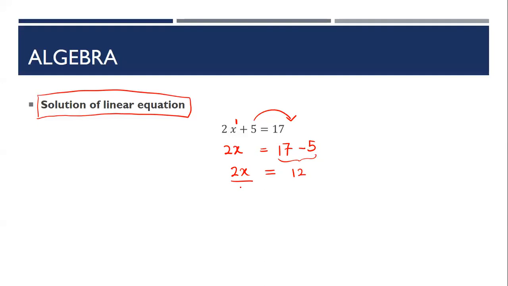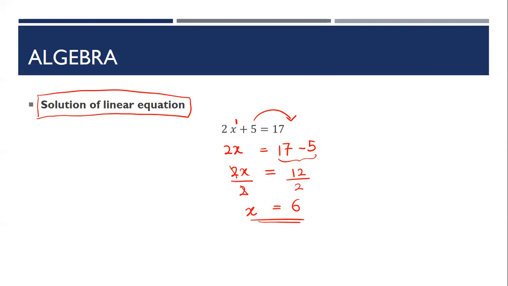And here I divide both sides by 2 to get the answer for x. So x is equal to 12 divided by 2, which is 6. So we are getting the answer. Our x value is 6. Okay, so that is our example.